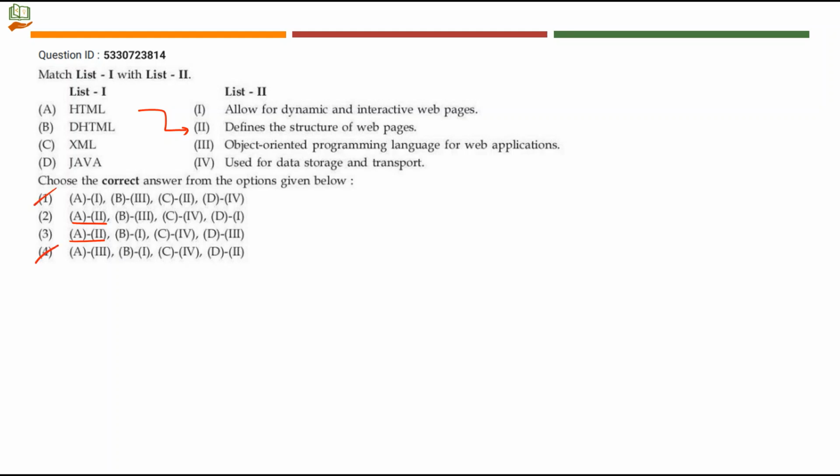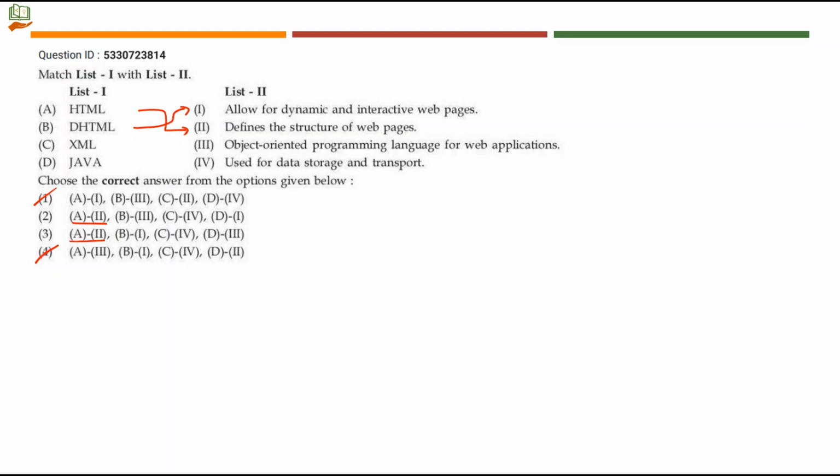What about DHTML? The question in June 2024 was which languages given are markup languages, and DHTML was also one of the options. But I told you there itself that DHTML is not a particular markup language. It is a term that is used to give dynamic behavior to the web page. So which statement justifies that? The first one. So B will be mapping to 1.